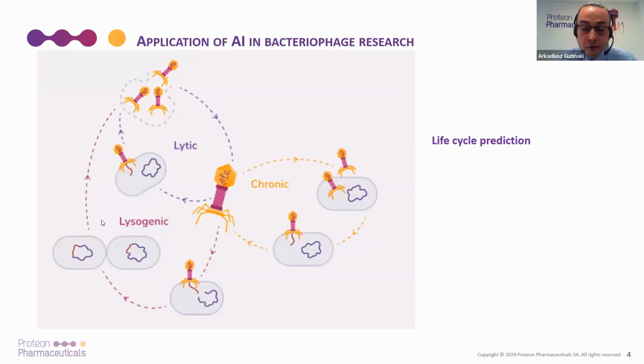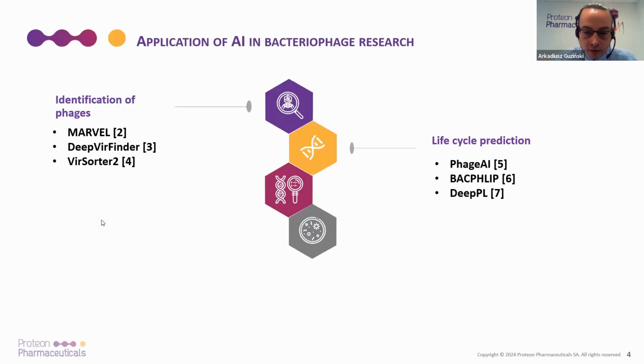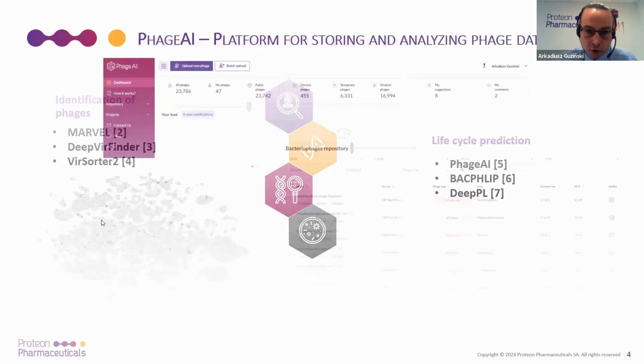This is why we developed PhageEI. Right now, PhageEI is a platform that automates this process. Of course, we are not the only ones that create such programs, but we are trying to create an entire platform useful from the point of view of phage research.